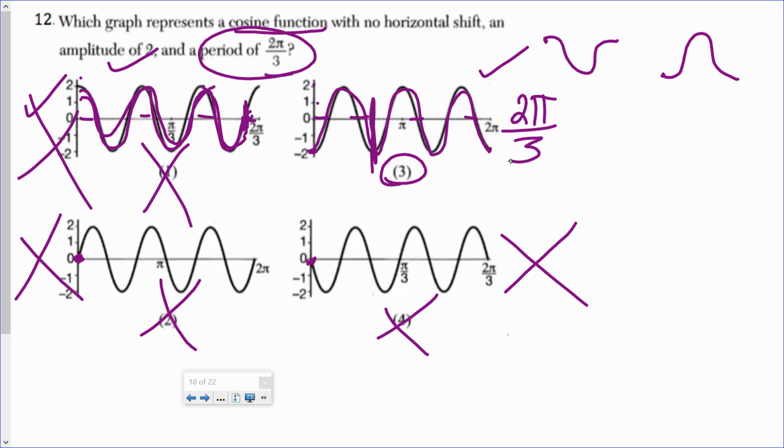Or you can look at it from a frequency standpoint. Period is 2 pi over the frequency, which means the frequency is 3. Frequency, by definition, is how many full waves you see between 0 and 2 pi. How many full waves do I see between 0 and 2 pi? I see 1, 2, 3. Either way, that's your answer.